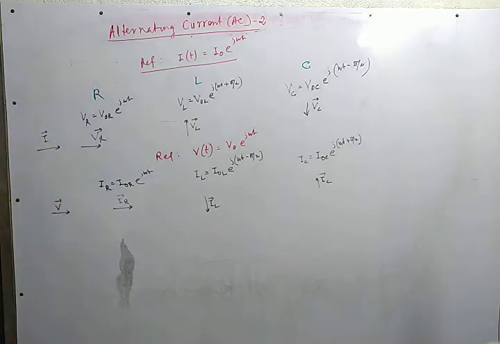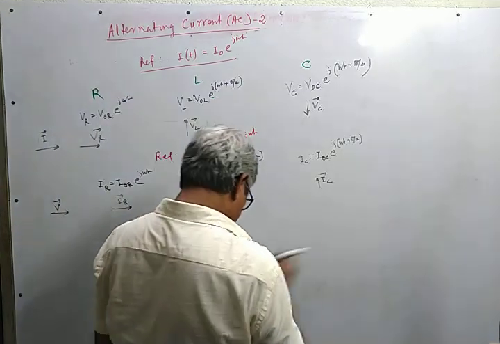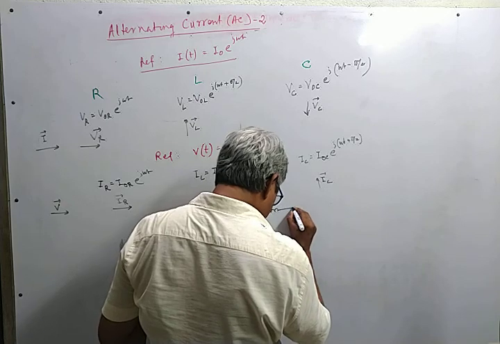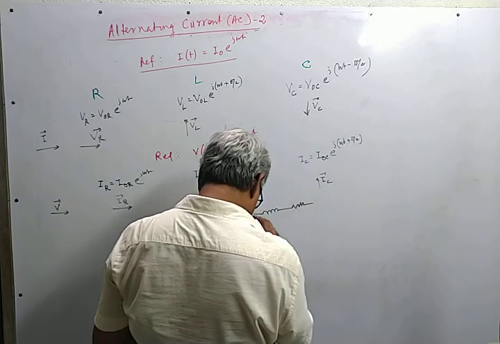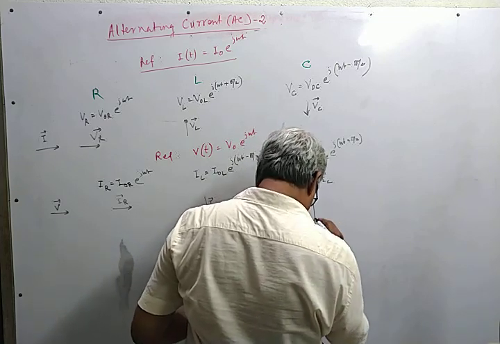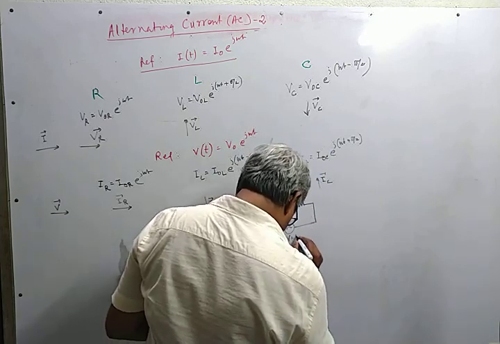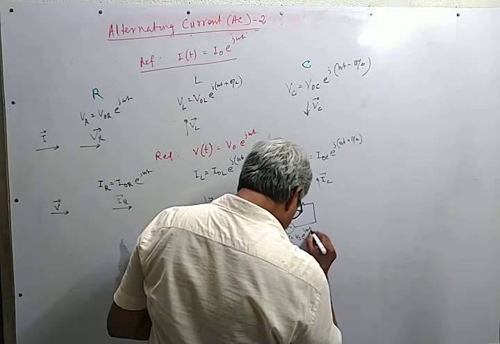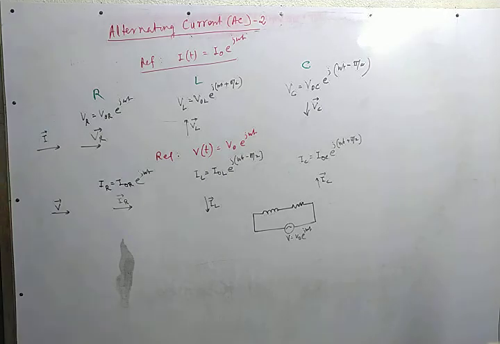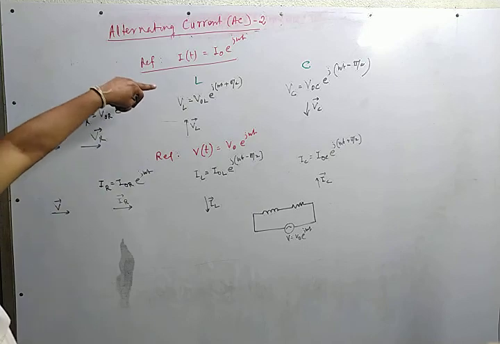When we want to study the series circuit comprising of an LR series circuit, say we have an LR series circuit fed by an AC source, since they are in series, the same current flows through it. So we are going to apply this theory.